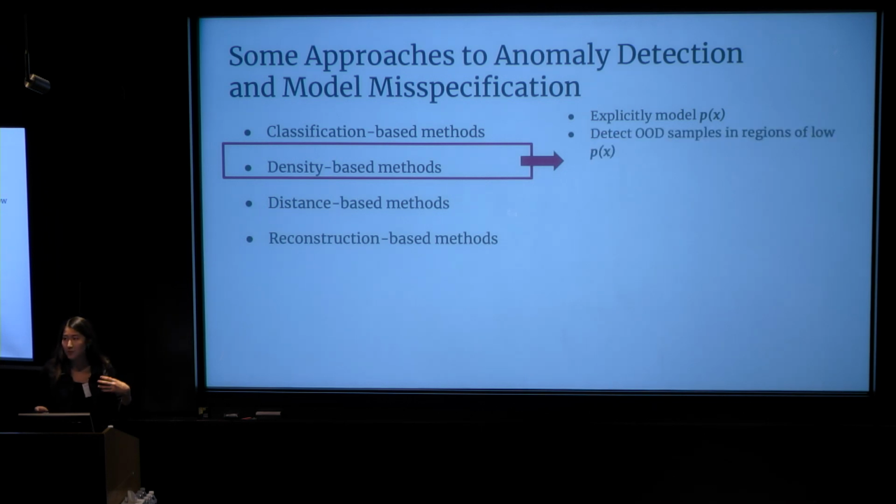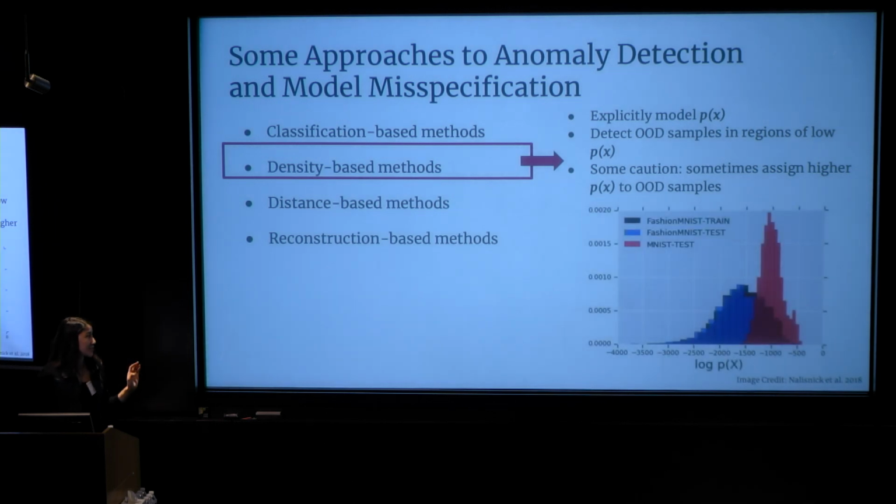And then when detecting out-of-distribution examples, these examples are detected by looking at whether a sample lies in the region of low probability of the data. However, when it comes to using density-based methods, some caution is required because sometimes in the literature there have been examples where out-of-distribution samples have been assigned higher probability. So usually density-based methods are best used in combination with some of the other methods.